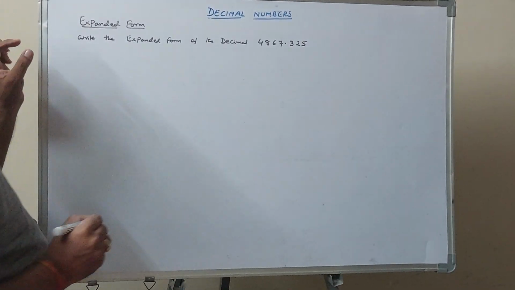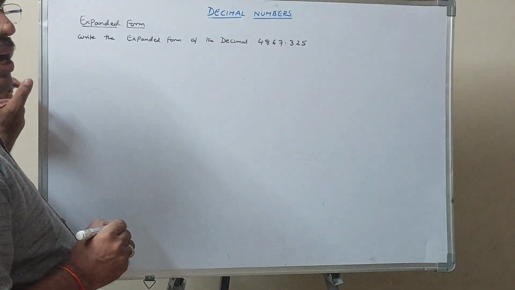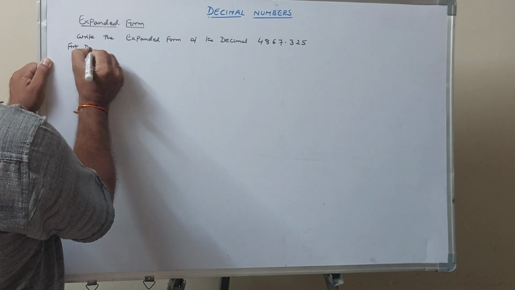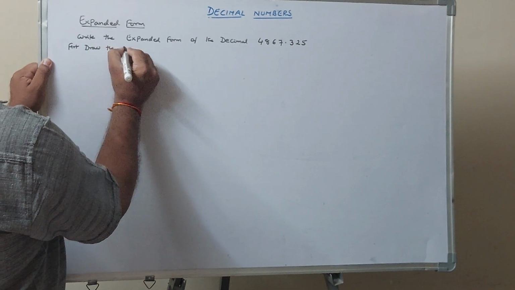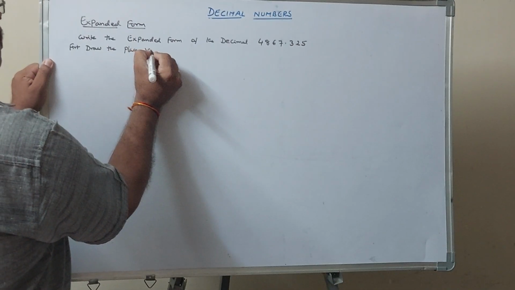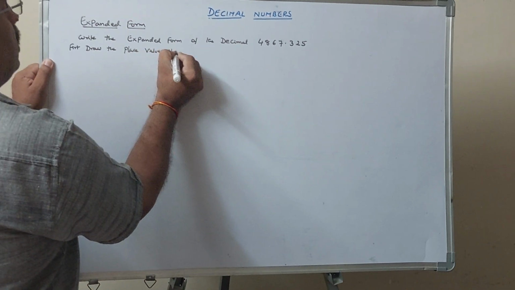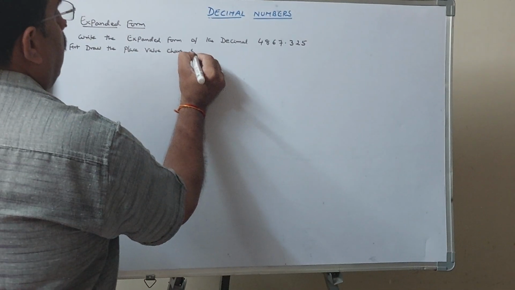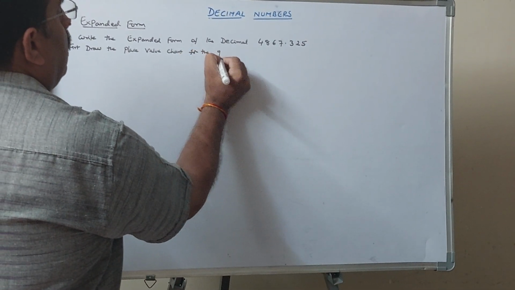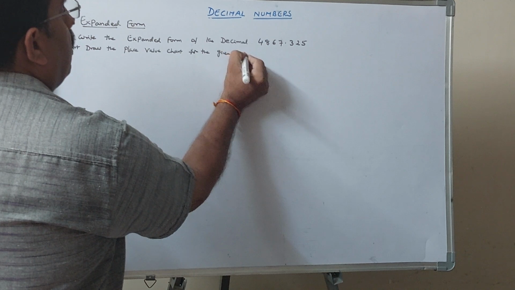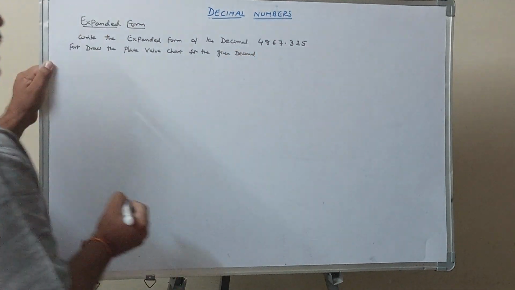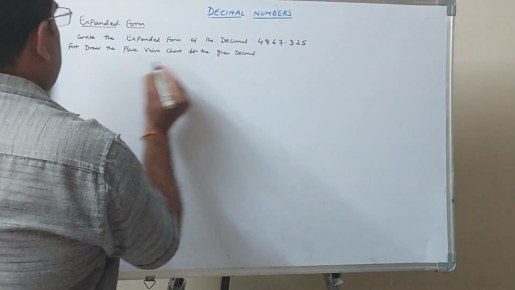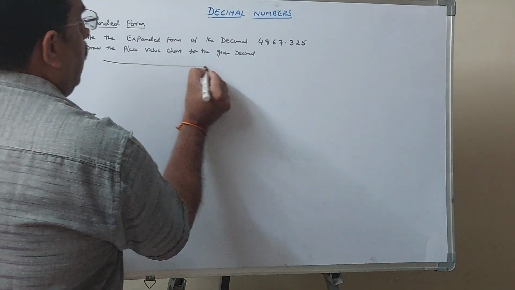See here, for writing the expanded form, first you have to draw the place value chart for the given decimal. So here it is 4867.325. So ones, tens, hundreds, thousands. First draw the place value chart.